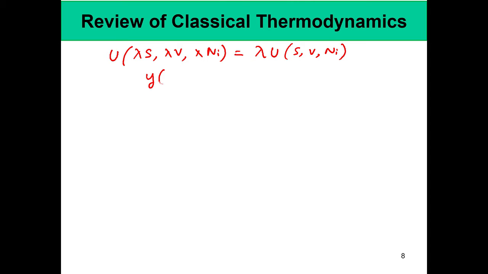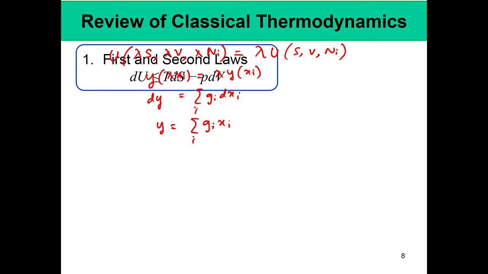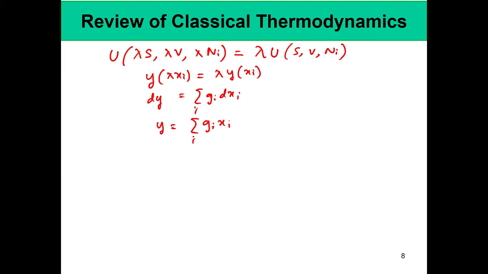If we write lambda y is equal to y of lambda x_i, where x_i can be any variable, just like we have written for internal energy, for a general dependent variable y and general variables x_i, whose differential is given by dy is equal to summation i of g_i dx_i, then by Euler's theorem, y is given by summation i of g_i x_i. Okay.